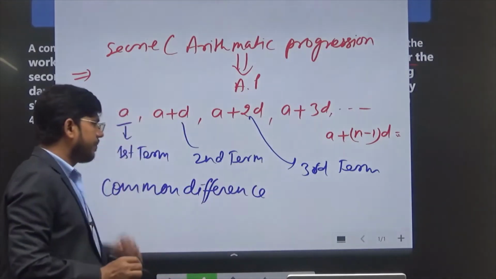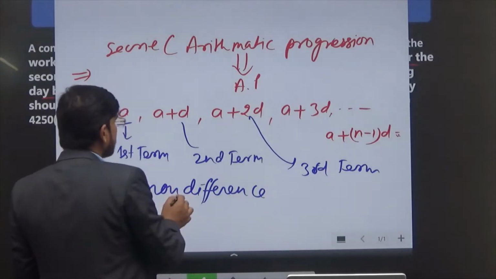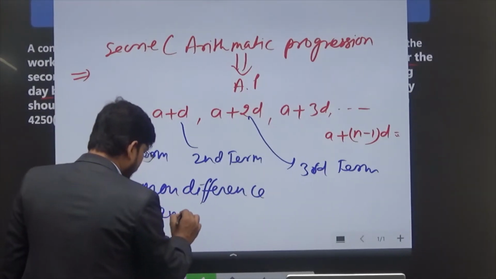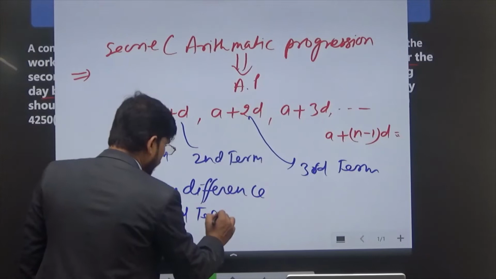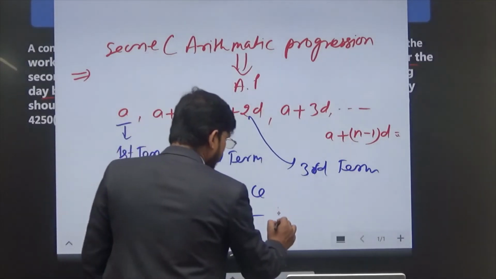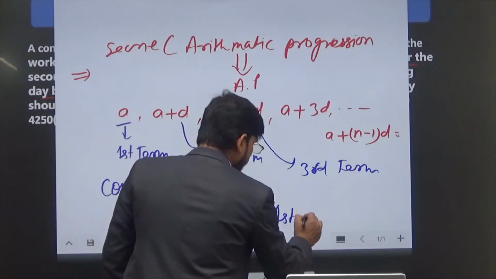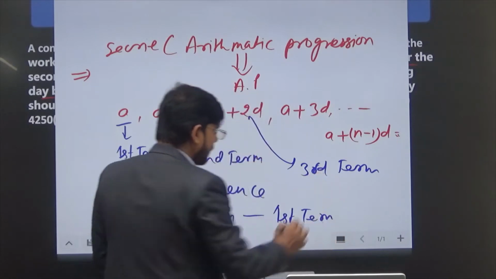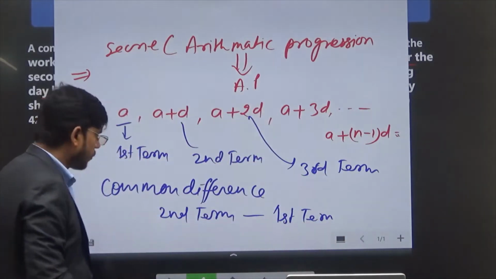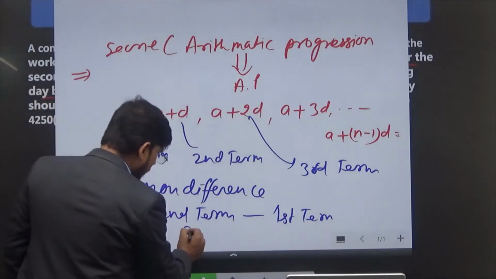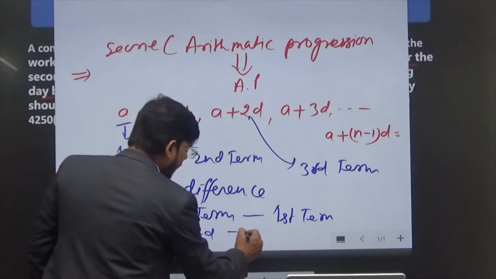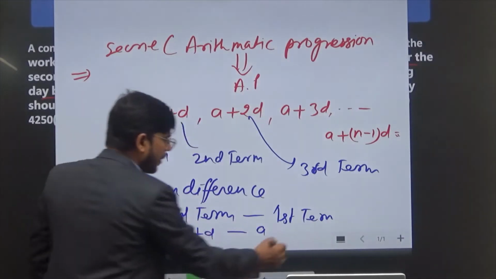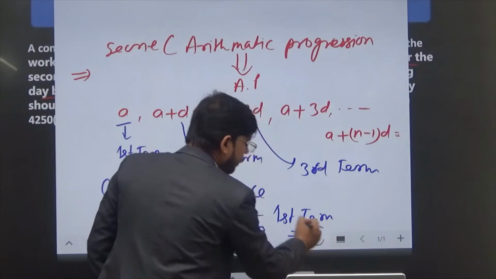Common difference is second term minus first term. Then what is the second term? a plus d minus first term a, it will be d.